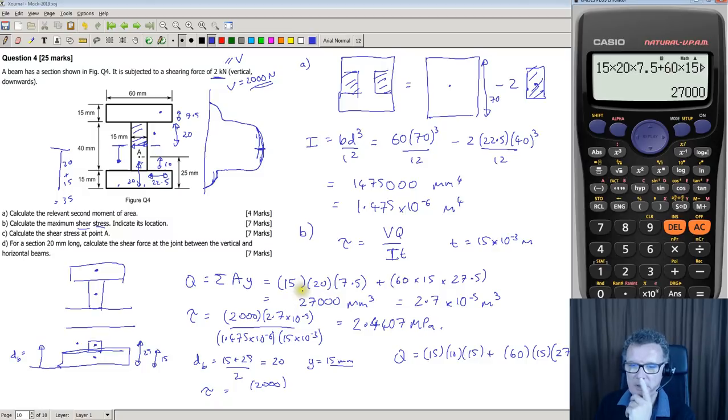The width is correct. The area is less. The centroid shouldn't be the same, it should be a bit less.